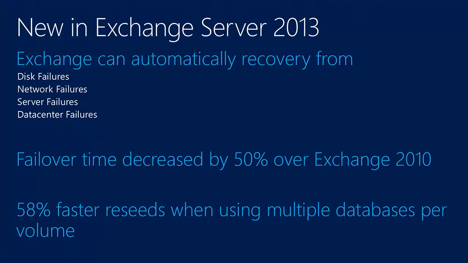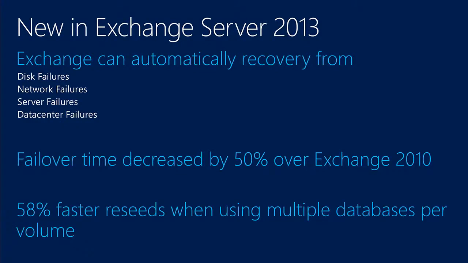Some of the other benefits that you get, failover times. They're half the time or twice as fast in Exchange 2013. Now, in both 2010 and 2013, we talk about database failovers happening within 30 seconds or less, and that's true. But quite frankly, 30 seconds from a computer timing standpoint is a very conservative figure from our perspective.